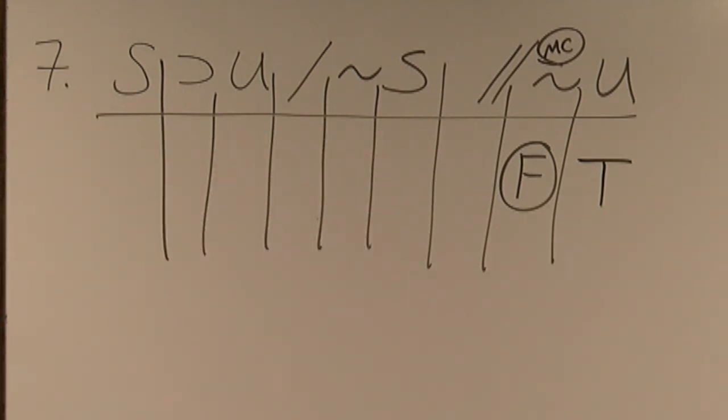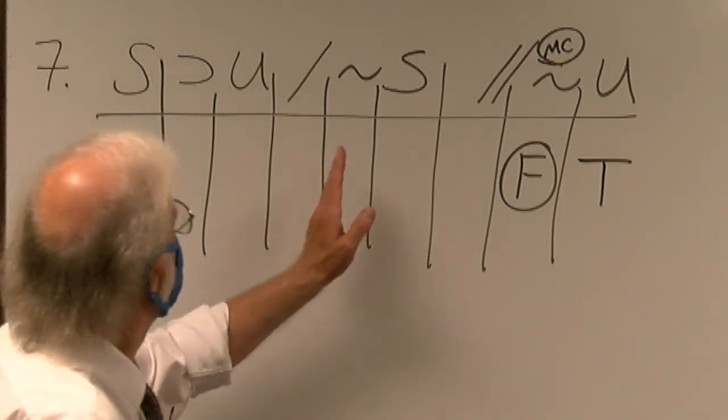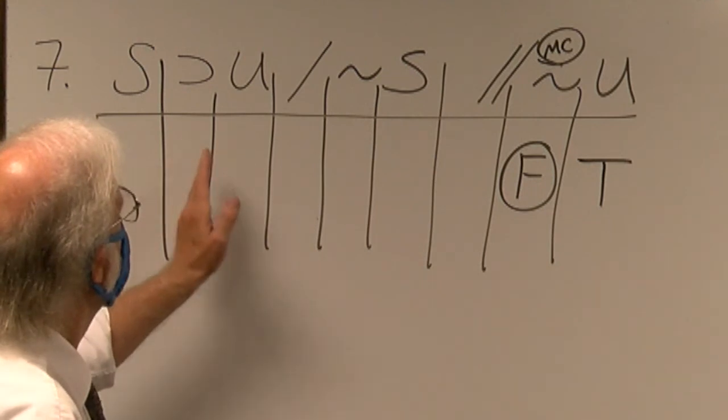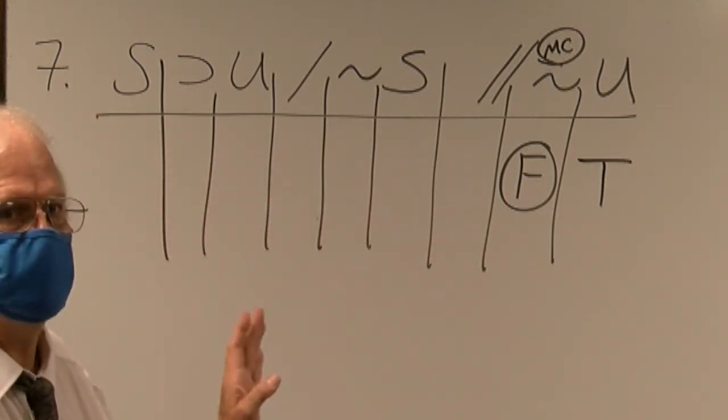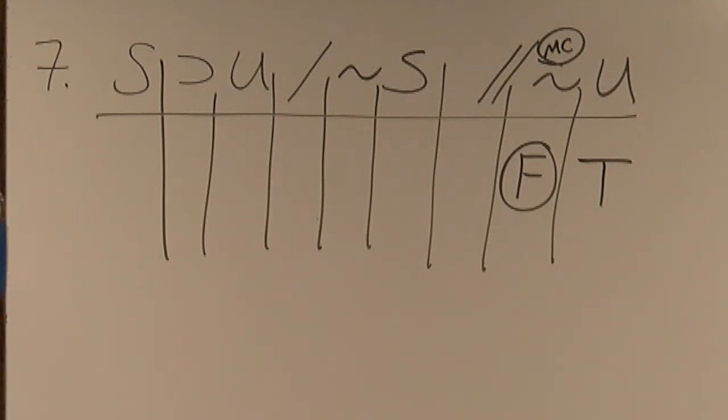Now, where do we proceed next? Answer, strictly up to you. You could go here, you could go here, or you could plug in a value for U here. Which one's the right one? There's not a right one.